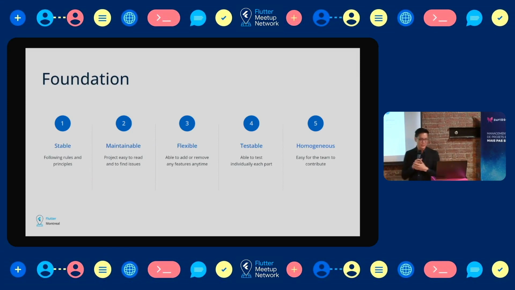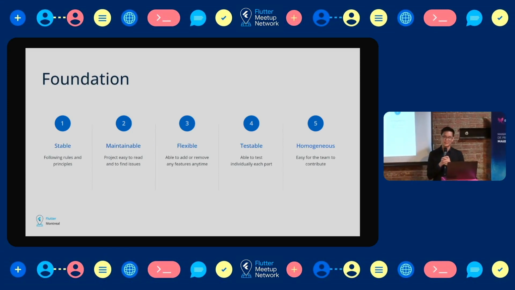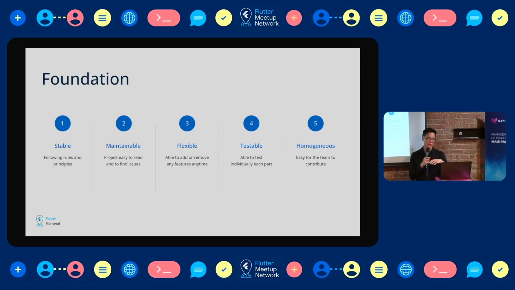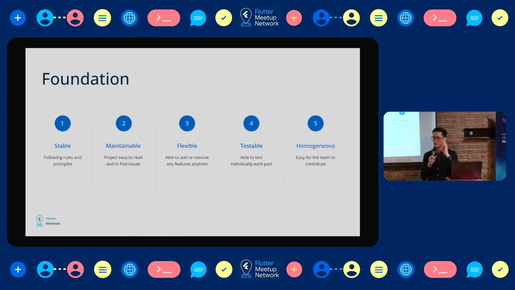You usually set an architecture to make it stable. You have to make sure that if you follow all the rules and principles, you might not have issues with features or business logic, and you will know how to maintain it if you do. Like, if you have a business logic issue, I know where it is. If I have issues with UI, for example it doesn't work on phone but works on web, you know exactly which widget it comes from.